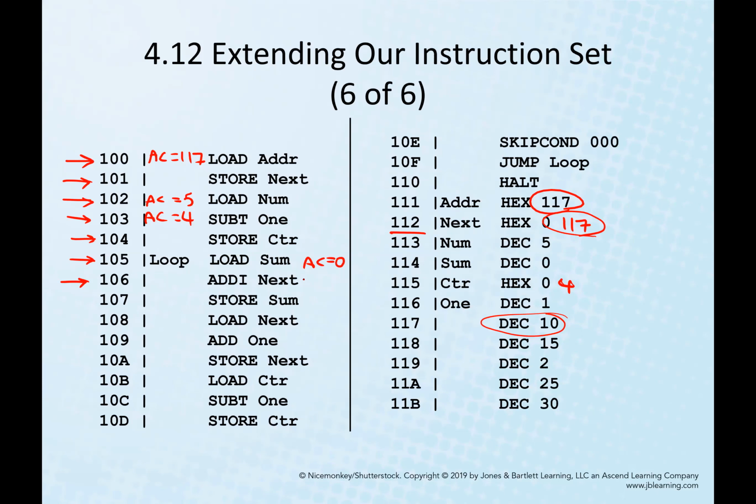So after running this one, accumulator has a value of 10. It's not times, 10 plus 0 is 10. Any question for this part? So you see how useful indirect addressing is.